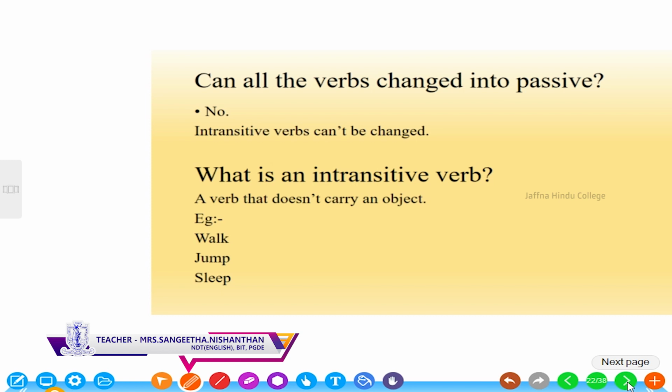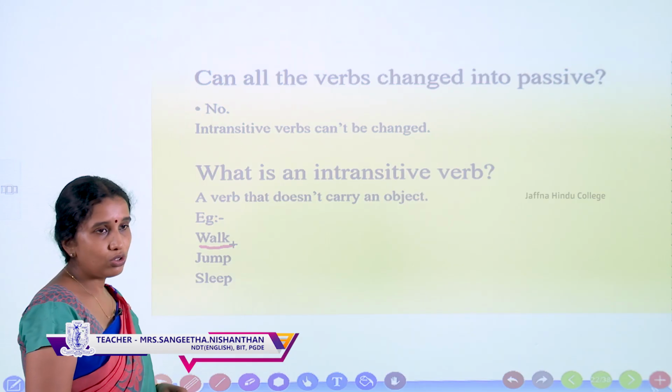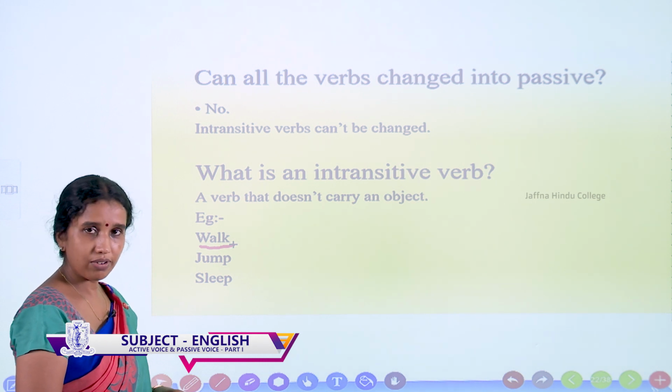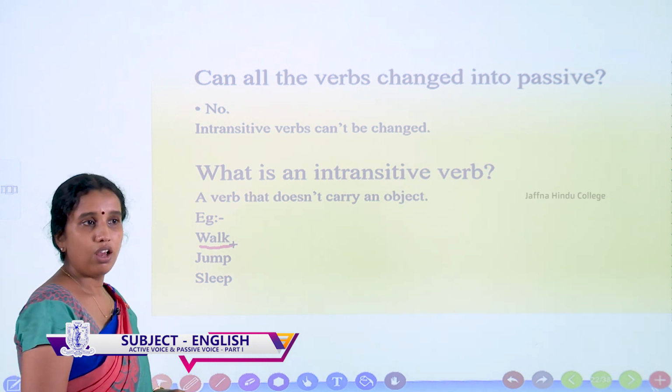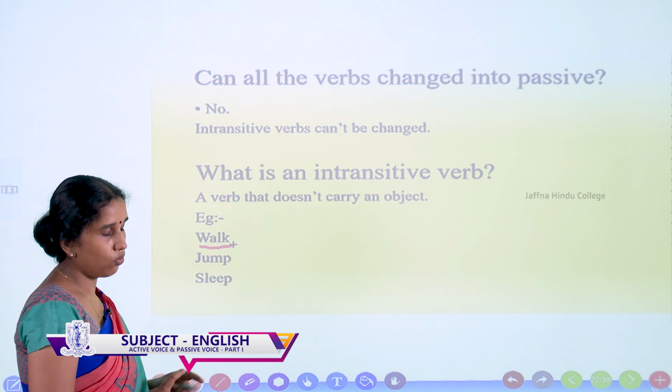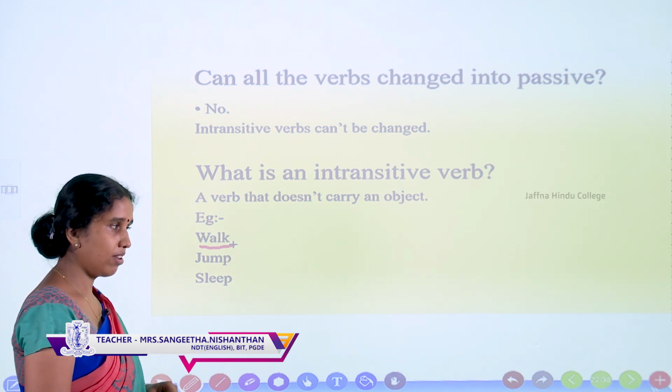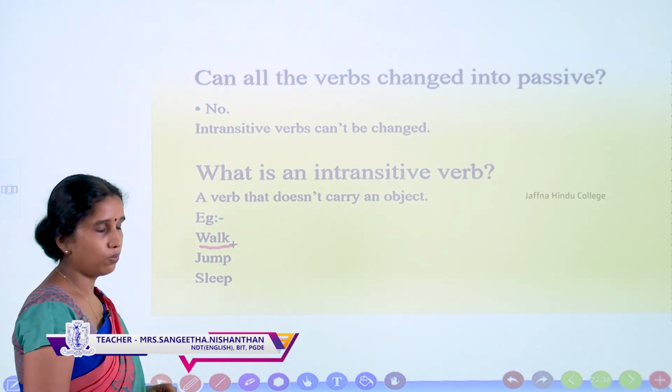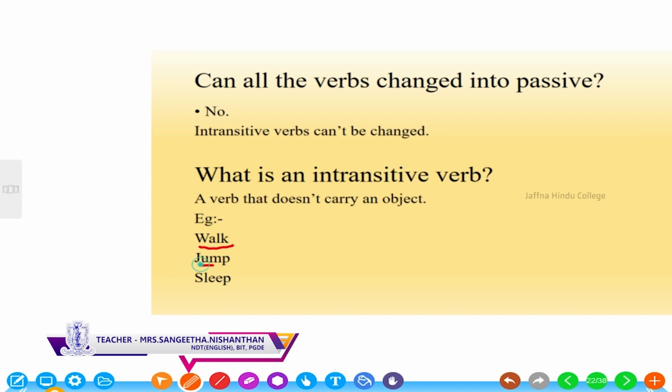For example, walk. What do you walk? Can you get any answer? Or to whom do you walk? Can you get any answer? No. Jump. What did you jump, or what do you jump? Is there any answer?